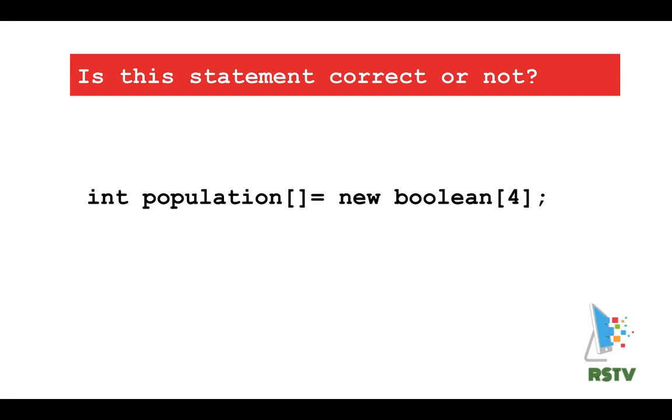Even in normal variables we can't give a boolean value to an integer, and integer values can't be assigned to a boolean. So here also, the type is different, incompatible type, it will give the compilation error. This is not a correct statement.